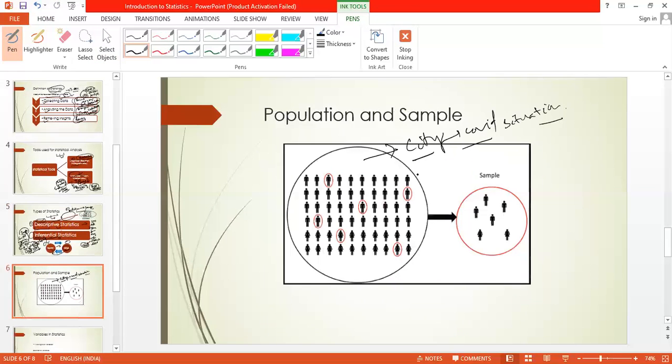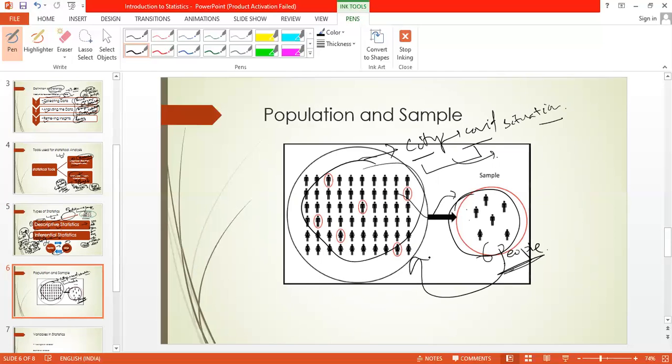So instead of collecting all the data, we can collect only this many data. Let's say the data of 1, 2, 3, 4, 5, 6 people. And these 6 people's data will be used to estimate the parameter of the population of people who are staying in the city.